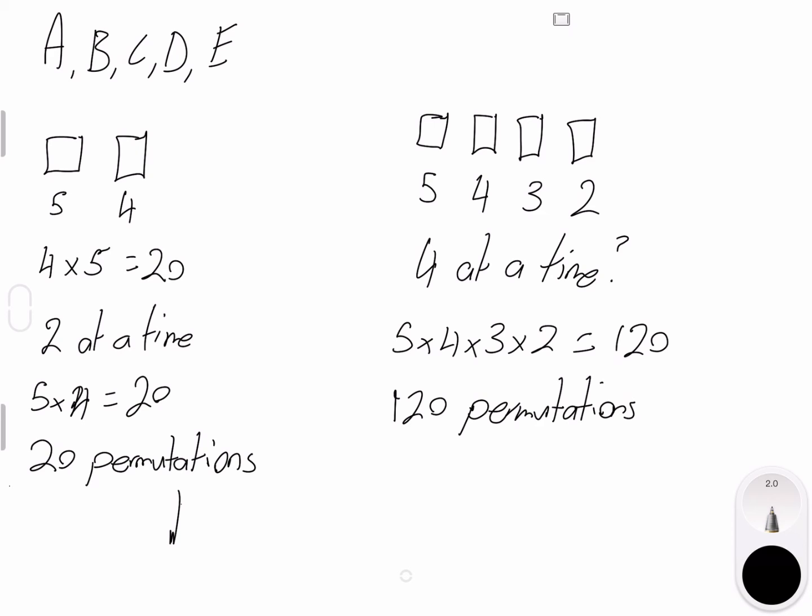So, where do things like this get used in real life? Well, we can look at the way in which we can order the number of people running a race or swimming a relay, or putting different coloured marbles or counters in a box and then randomly picking them out, and how many different orders they could come out in.